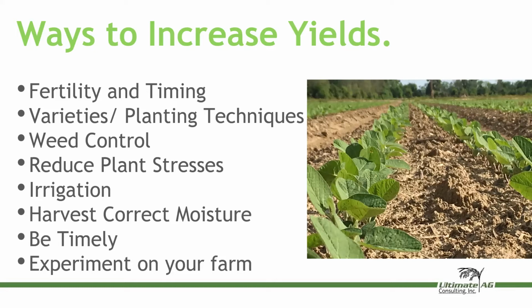You put stress on anybody and you're going to take away from their productivity. So you put stress on a plant, you're going to take away from its ability to yield. Proper irrigation is important. Be able to get the beans harvested correctly and be timely. You can't say that word enough. Be timely. And then don't be afraid to experiment on your own farm.